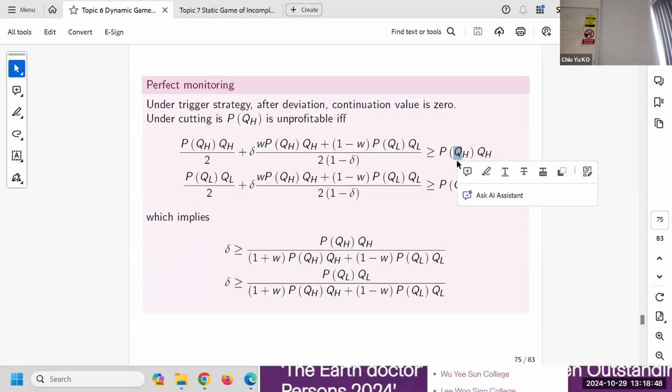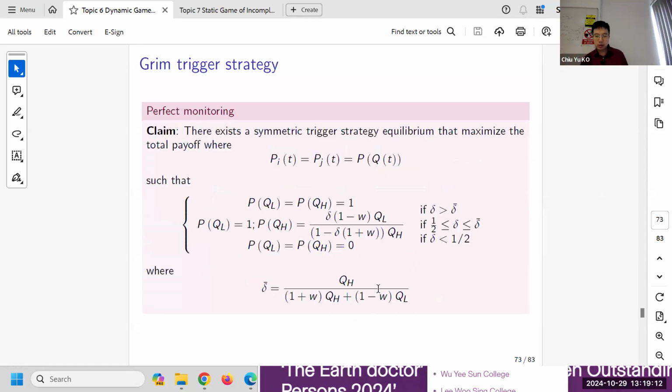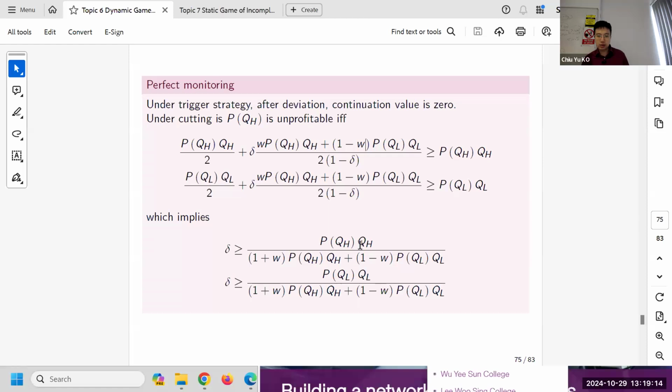If you rewrite this big delta on the left-hand side, you have this. And you can see the only relevant part is this one, the higher one. So that's why you get the delta.